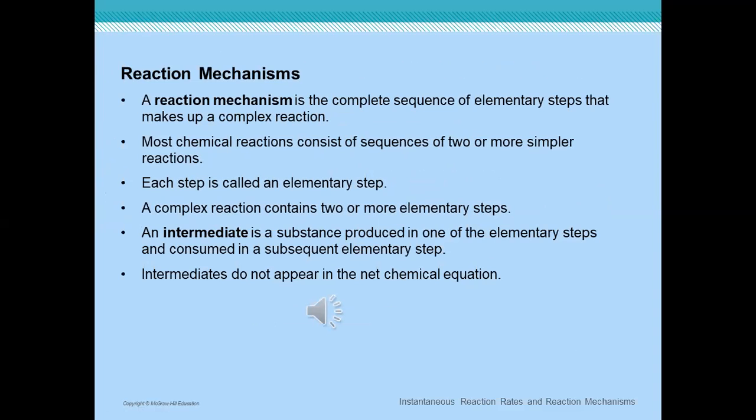Each step is called an elementary step. A complex reaction contains two or more elementary steps. An intermediate is a substance produced in one of the elementary steps and consumed in a subsequent elementary step. Intermediates do not appear in the net chemical equation.